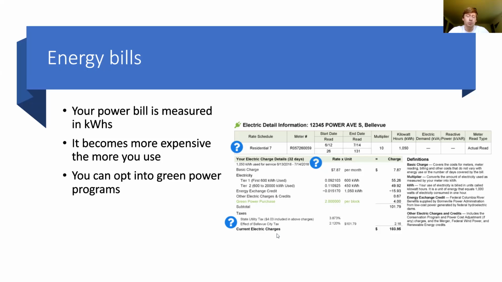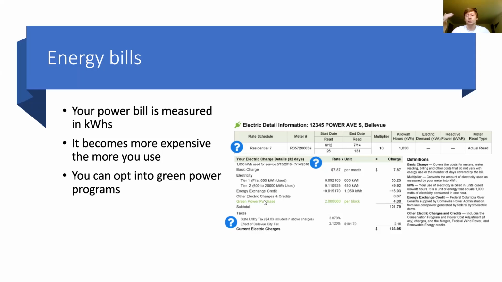Something that's good to know for your energy bill is that it becomes more expensive the more that you use. Over on the left here, it shows tier 1 and tier 2. If you're below 600 kilowatt hours of use for the month, then you are charged, let's call it 9 cents for each kilowatt hour that you use.